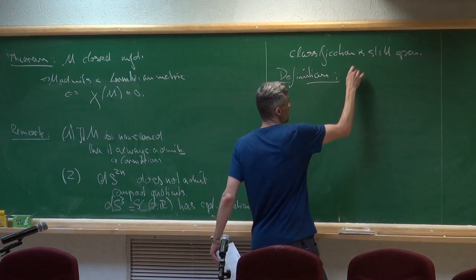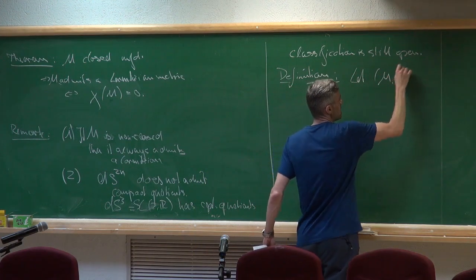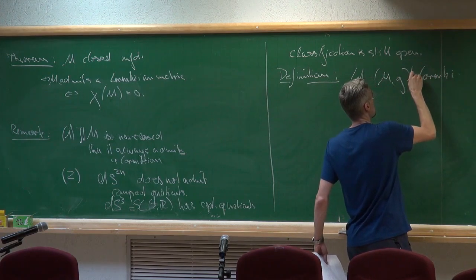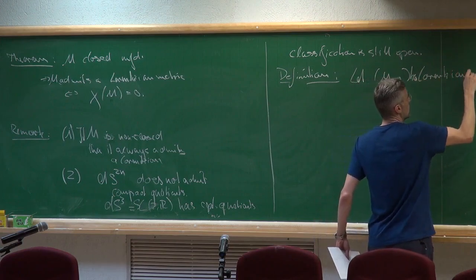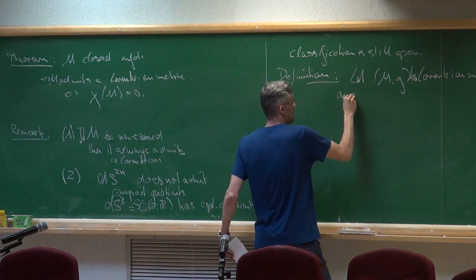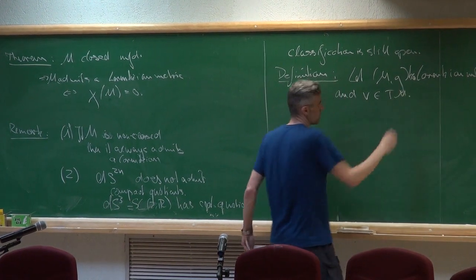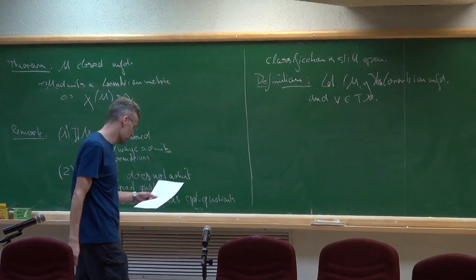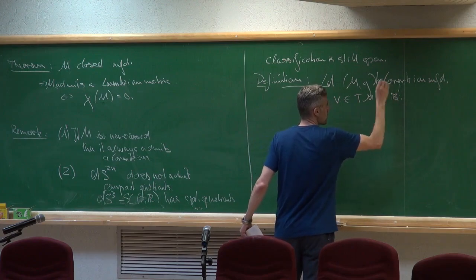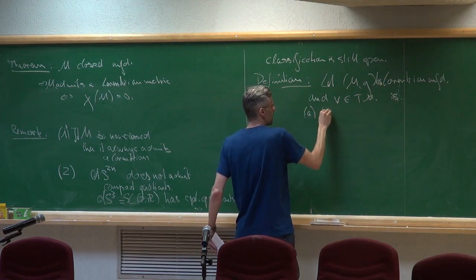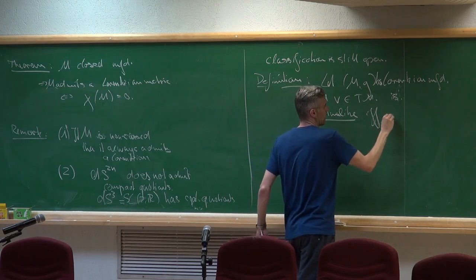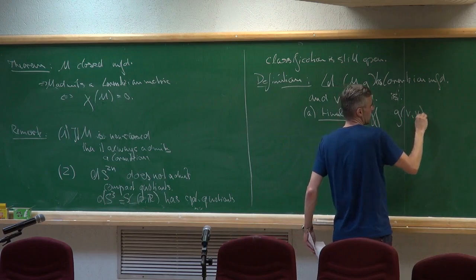So if you look at a Lorentzian manifold and a tangent vector v to the manifold M, then v is time-like if the inner product of v with itself is negative.